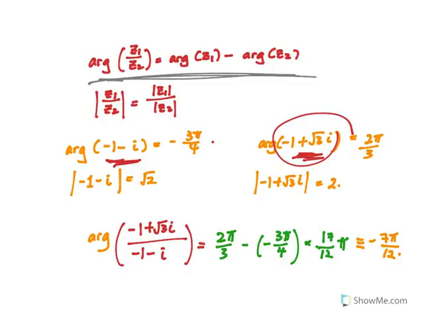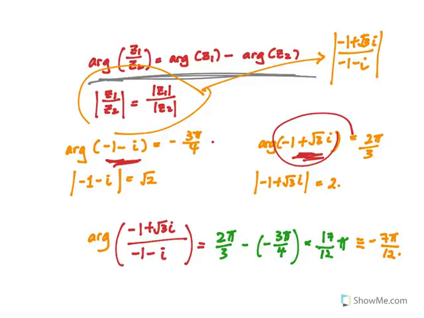And with that, also using this idea, we can say that the modulus of -1 plus square root 3i over -1 minus i is the same as the quotient of the moduli, which will turn out to be 2 over square root 2, which will just be square root 2.